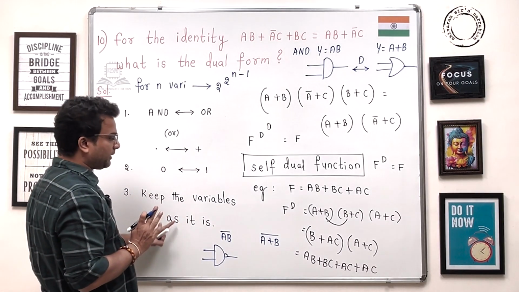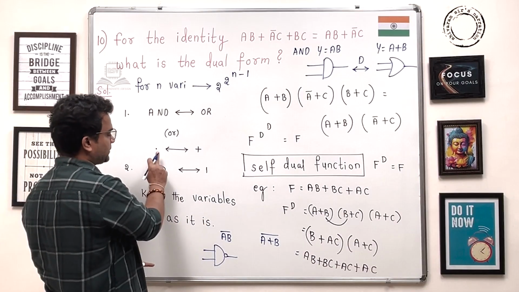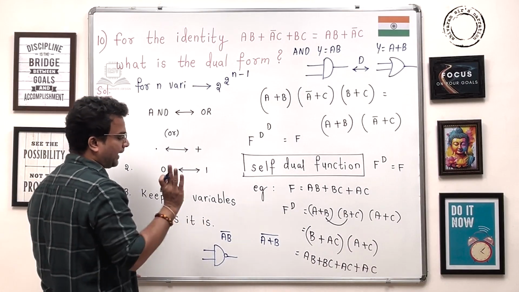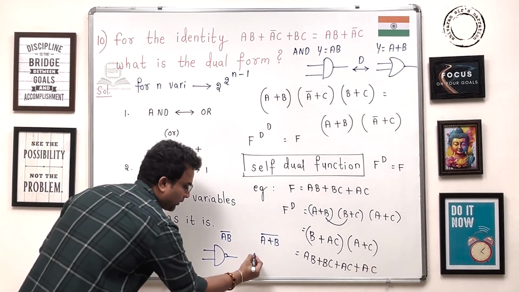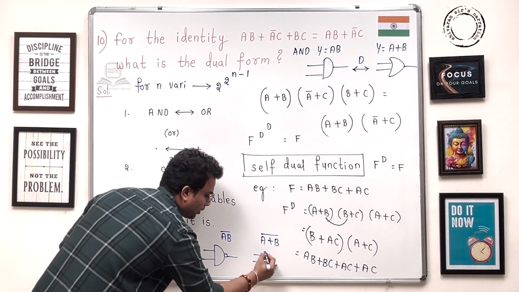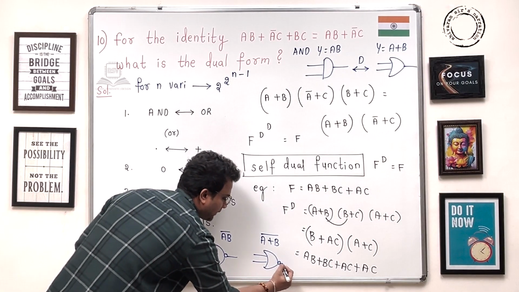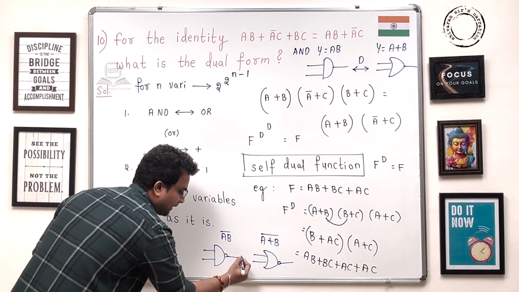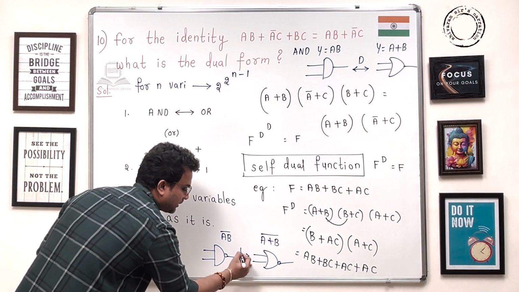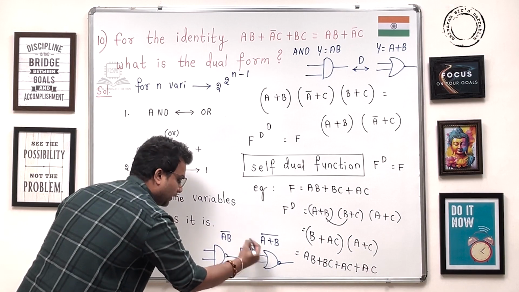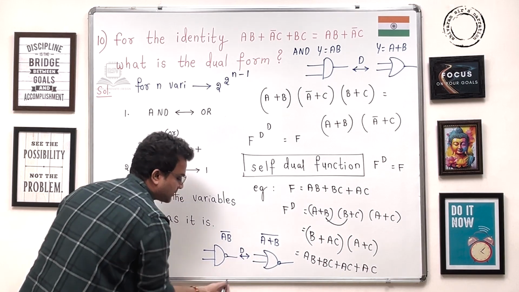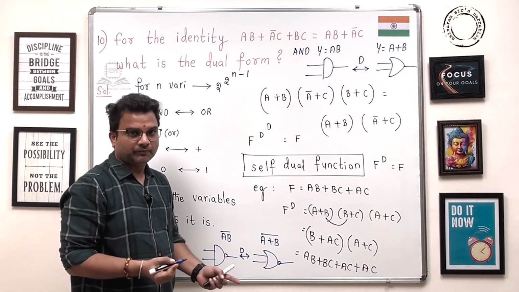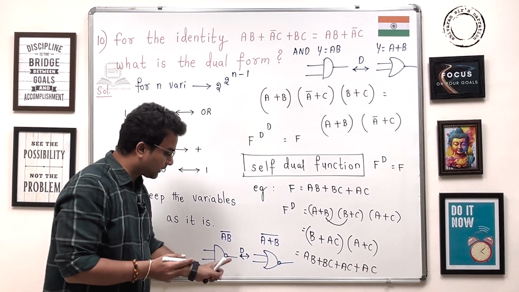We need to keep the variables as they are. Simply you need to change AND with OR, and OR with AND. That's it. Therefore, here you get the NOR gate, isn't it? So, the NAND gate duality is the NOR gate. The NOR gate duality is the NAND gate. Yes, these are the dualities of the particular gates.